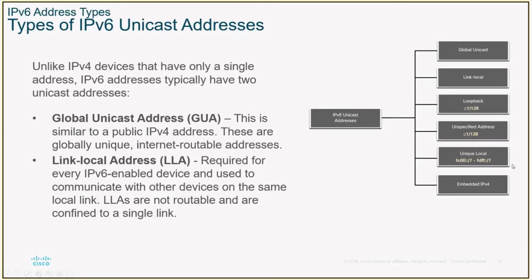Now, here is a bit of a breakdown of your unicast addresses. There's global unicast, and that's the public IP addressing. Link local, and they all start with FE80 as the first 4 characters in their address.